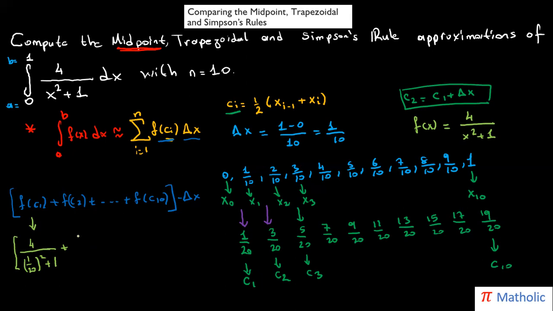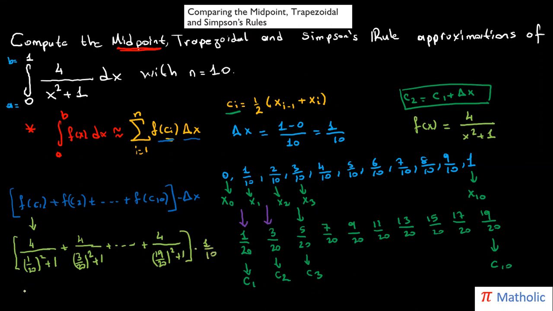You'll get a more accurate answer. So the second one is going to be 4 over (3/20) squared plus 1. It keeps going like this until the last one, which is 4 over (19/20) squared plus 1, times 1/10.